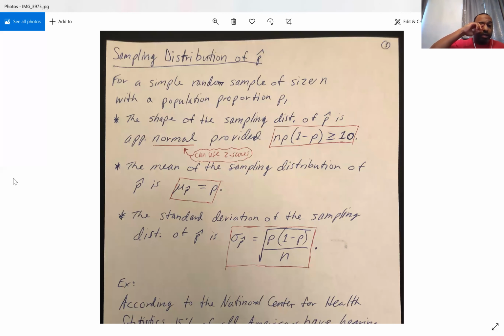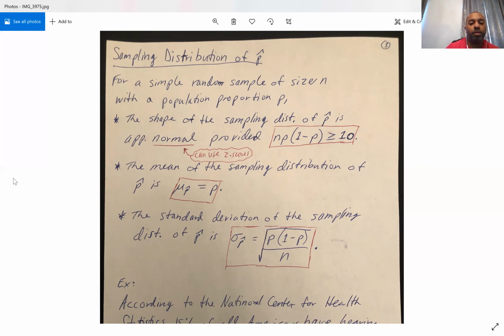All right, the sampling distribution of p hat, our sample proportion, says for a random sample size n with a population proportion p, the shape of the sampling distribution of p hat is approximately normal, provided that n times p times 1 minus p is greater than or equal to 10.